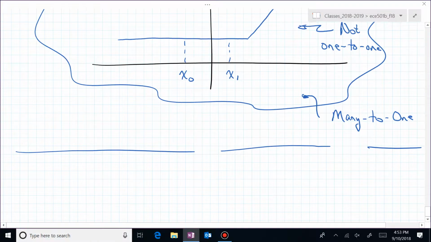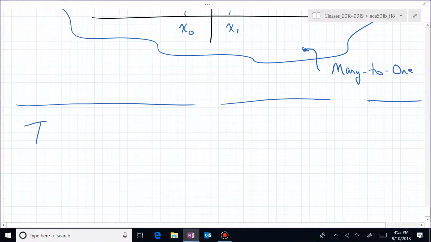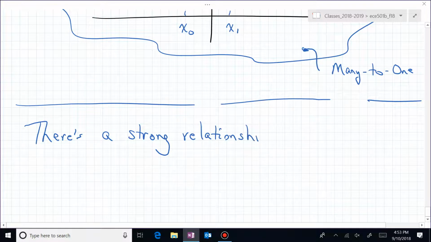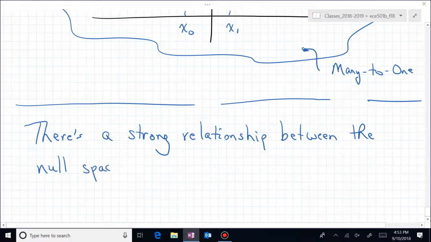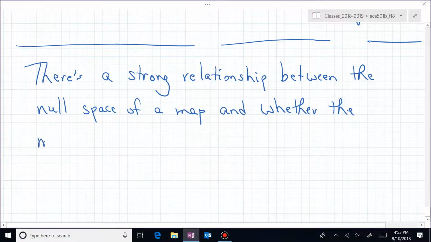Now, there's a strong relationship between an injective map and the null space, and that's what we want to try to cover. So there's a strong relationship between the null space of a map and whether the map is injective.